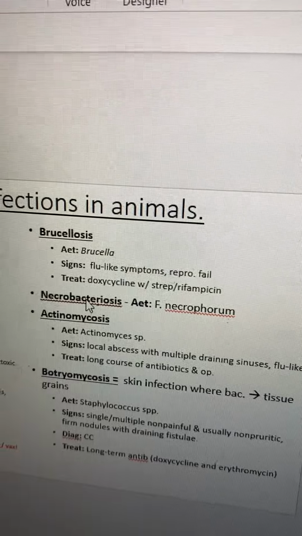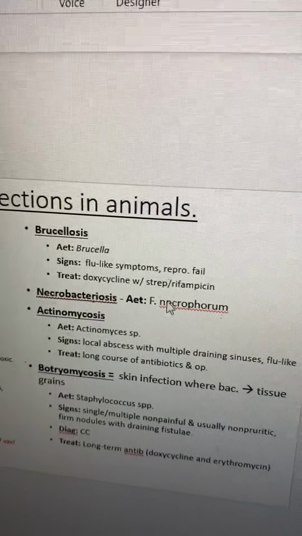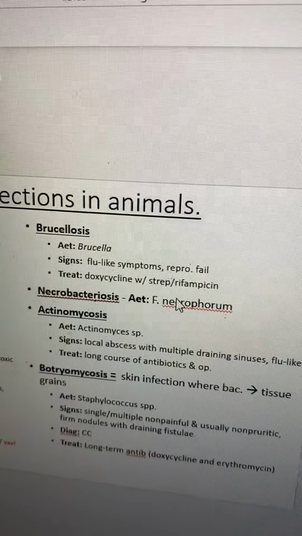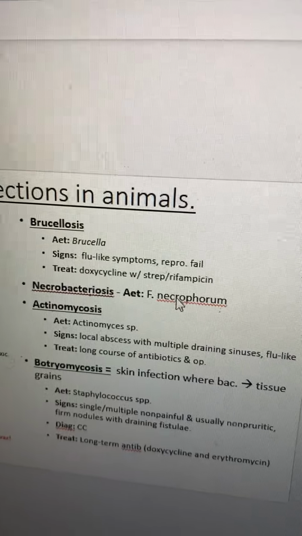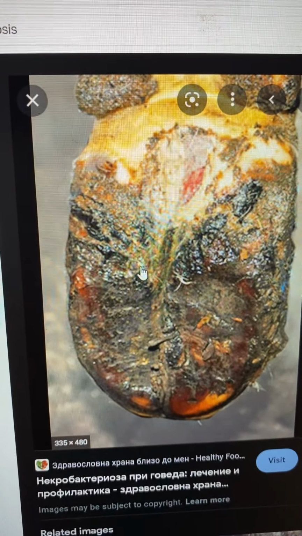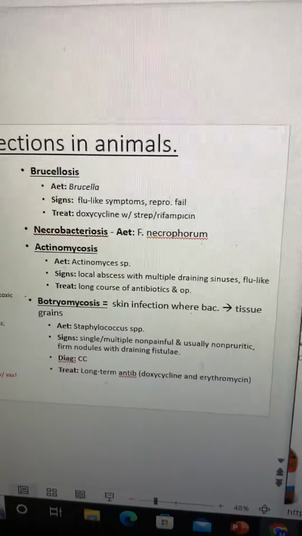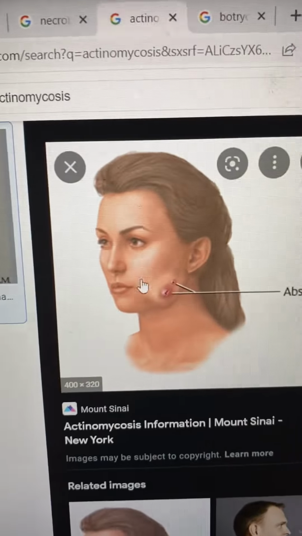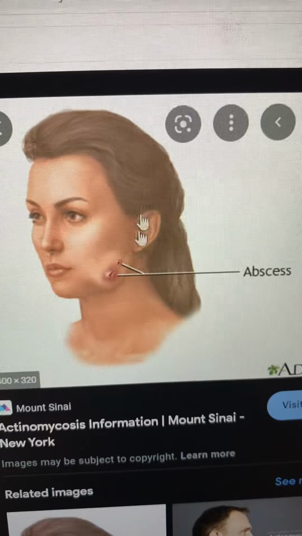Next, we have necrobacteriosis. I haven't put much here simply because it's in another question in full detail, but it's caused by Fusobacterium necrophorum, and it basically results in foot rot. We mostly discuss it in sheep later, but it can also occur in cows. Next, we have actinomycosis. This is caused by multiple species of Actinomyces.